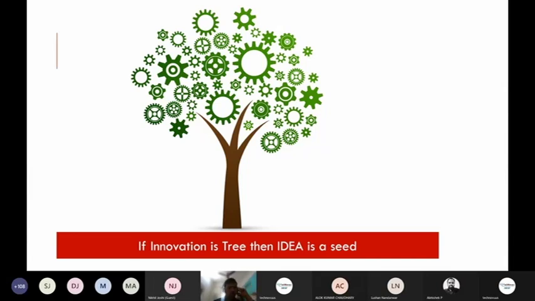Okay, and if innovation is true, then idea is a seed. This is a very important quote. If your idea itself is bad, then the rest of the activities are going to be a waste.